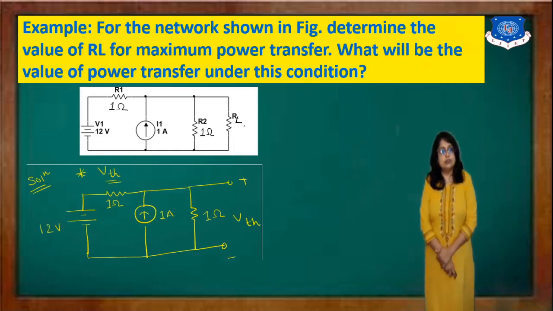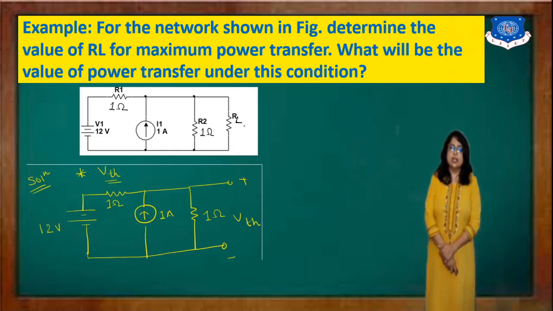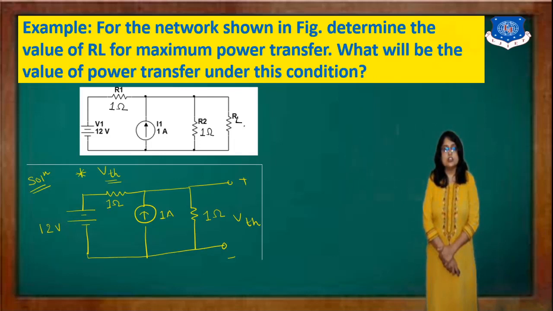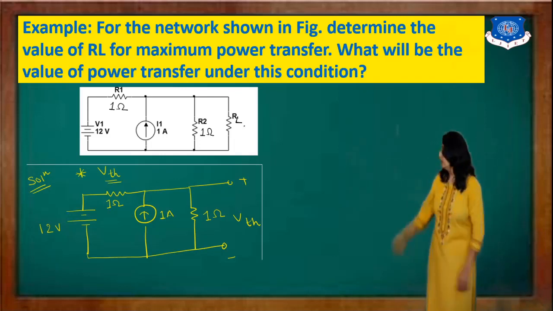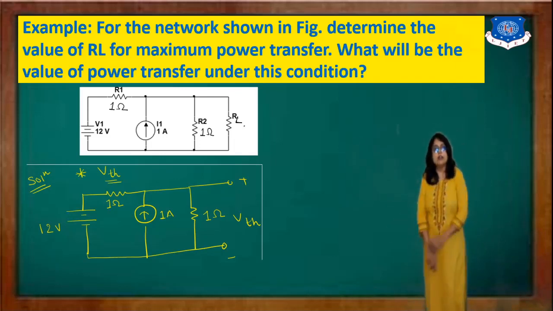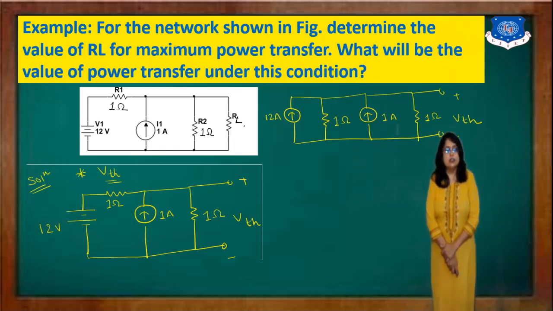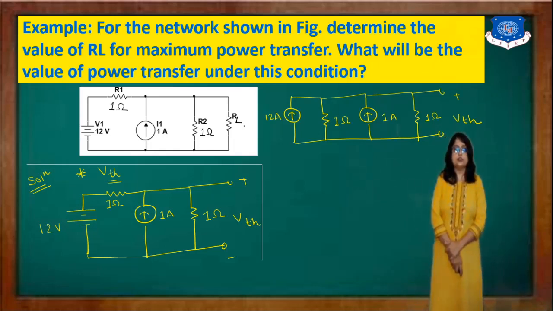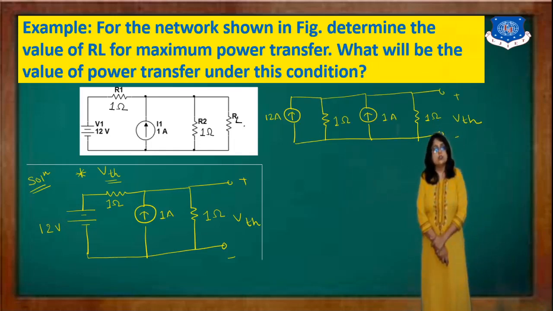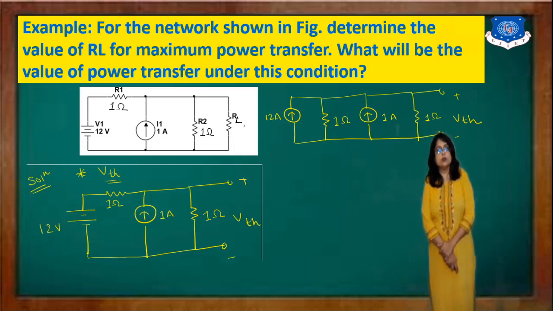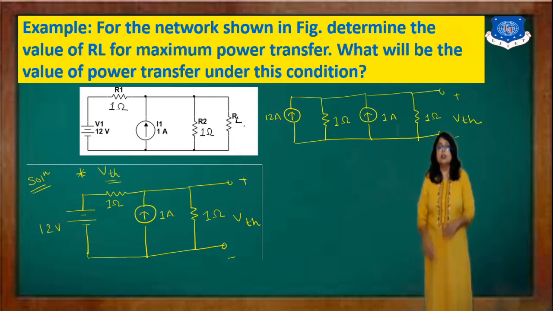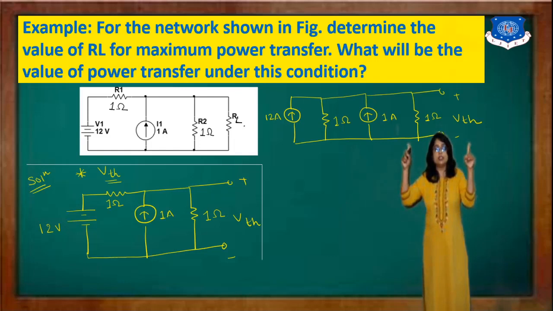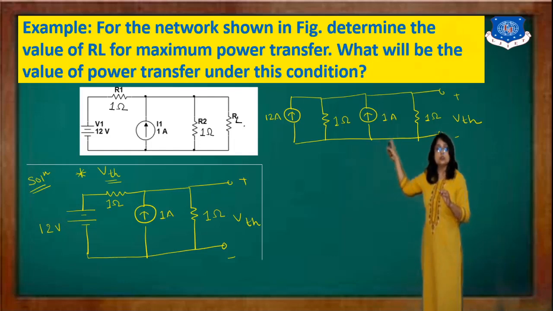First find the VTH: remove the RL and find the voltage drop across that point. How can I get it? Convert this 12 volt and 1 ohm into the current source. So I have a 12 ampere, 1 ohm, 1 ampere and 1 ohm. Now this 12 and 1 are connected in parallel and the direction is also same, so you can add these two sources.